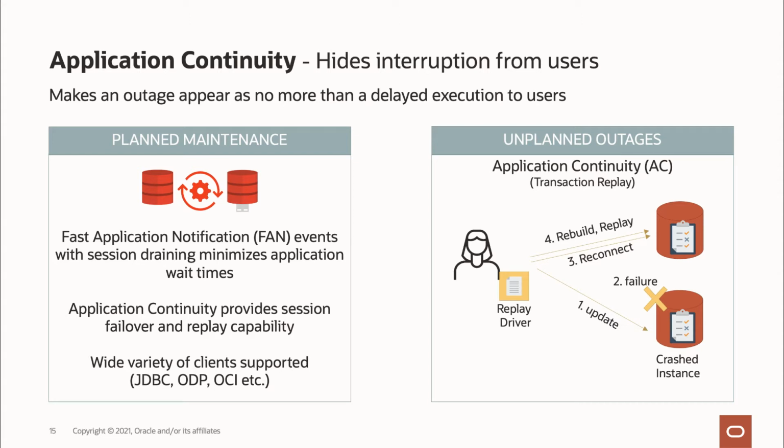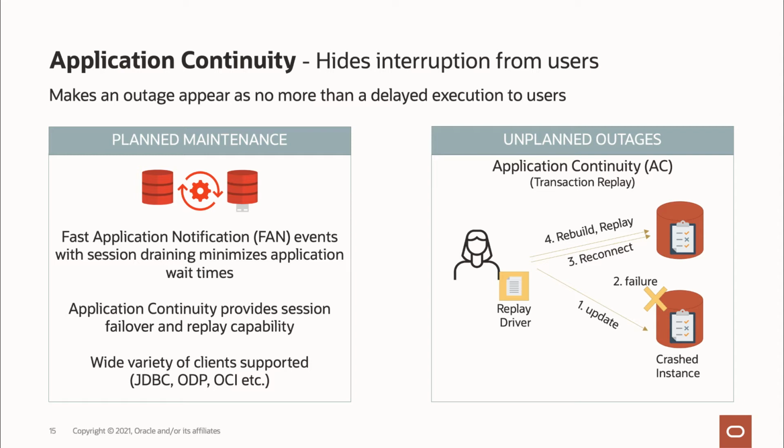This can be used to drain connections and load balance during planned maintenance, or as drawn out on the right here, to reestablish a dropped connection to the autonomous database, and even replay in-flight uncommitted work when possible.